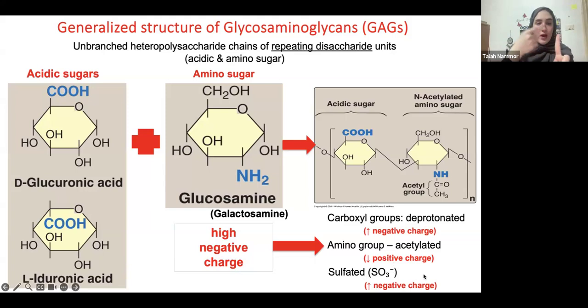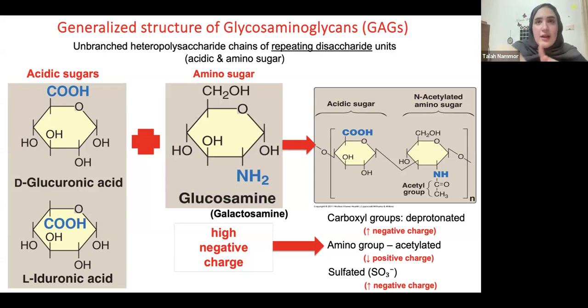So first of all, we remove the proton from the carboxyl group, so it's already negative. We acetylated any amino group we saw. Awesome, guys, from the name, N-acetyl glucosamine. So we acetylated the amine group, okay? So it became less positive, and then we will add a sulfate.